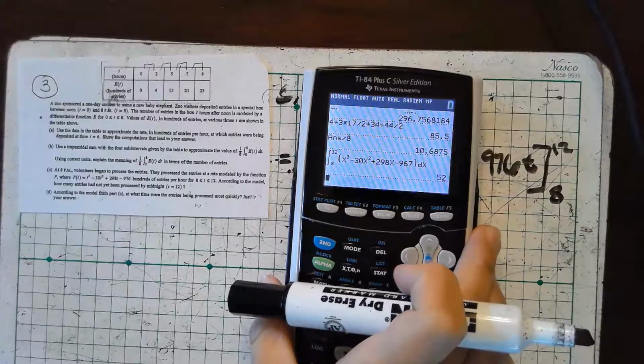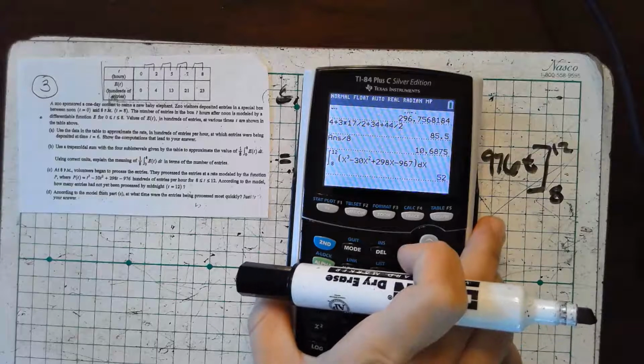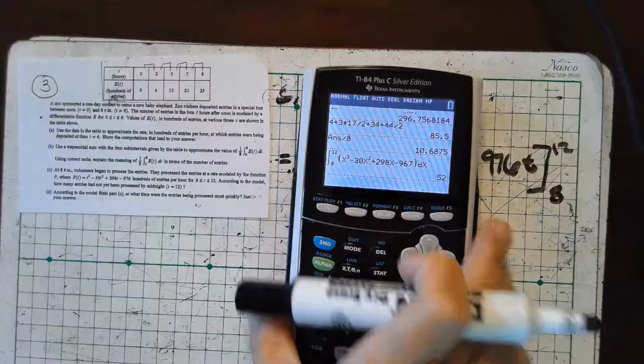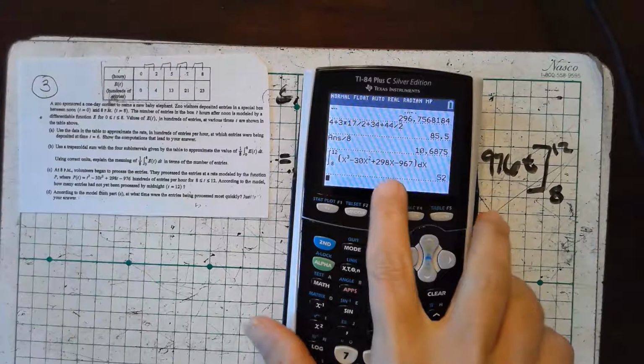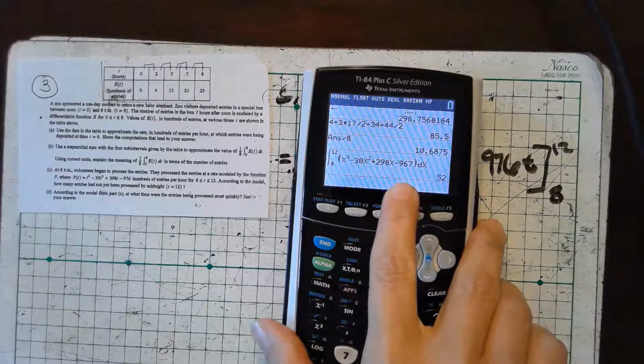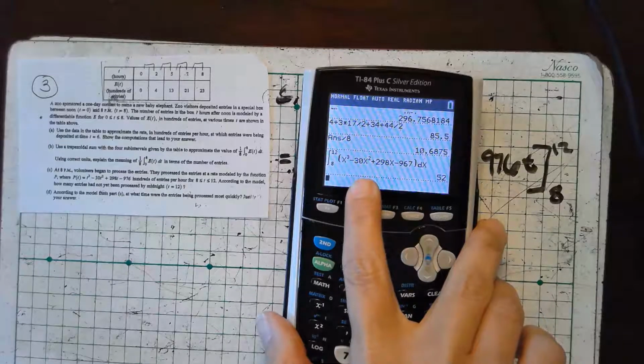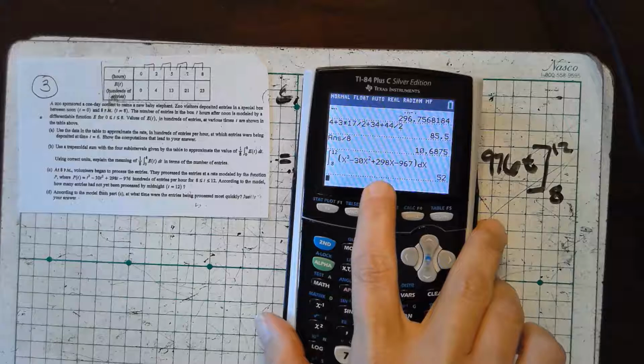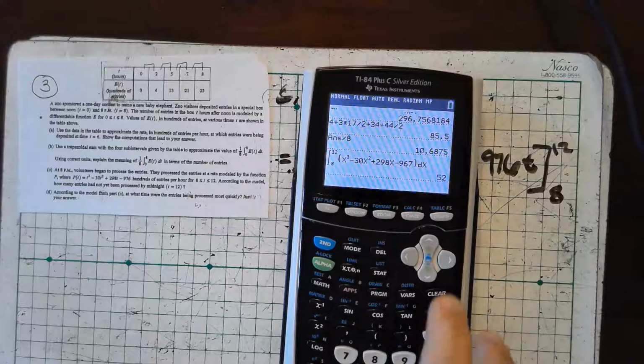And we ended up getting, and let's make sure I put everything in there correctly. All right, and I think I did.